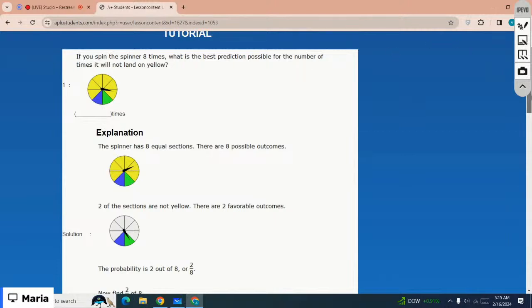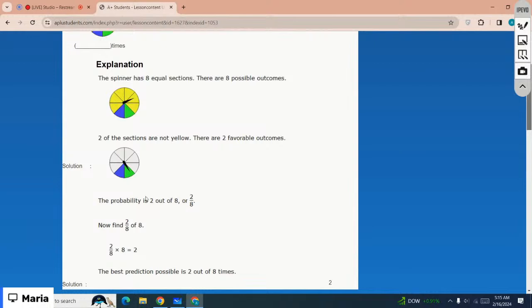Because we need to calculate for 8 times, you need to multiply the probability of not having yellow by 8 because you did that 8 times. So that means out of the 8, only 2 times it will not land on yellow. Got it? The correct option is 2.